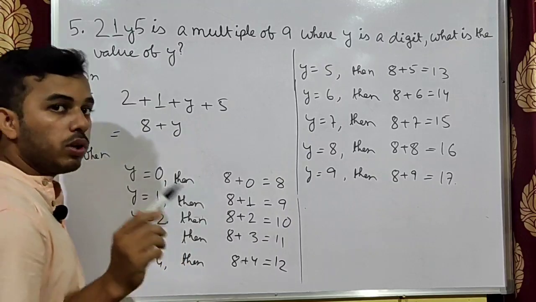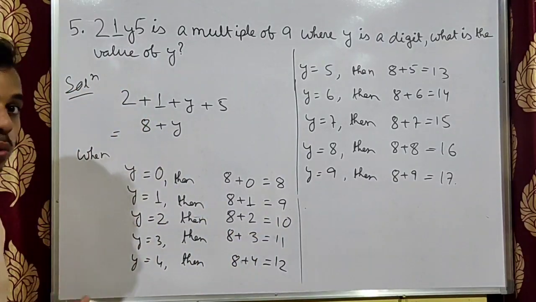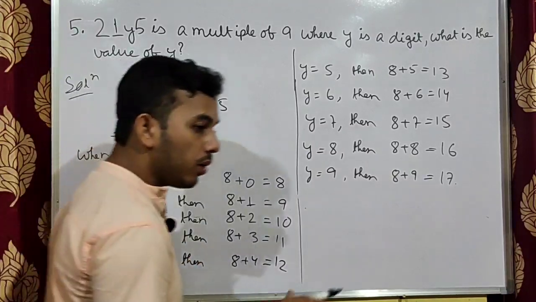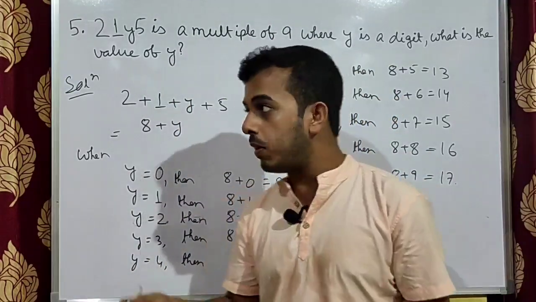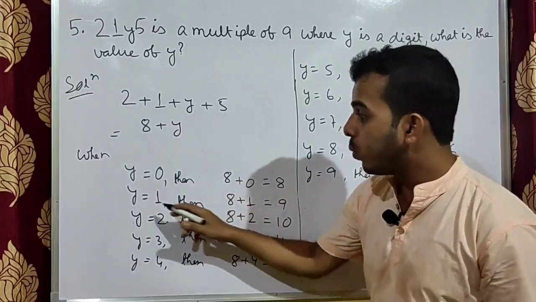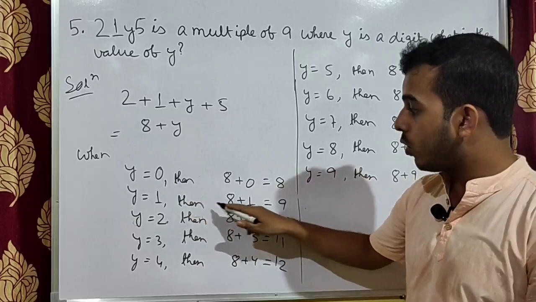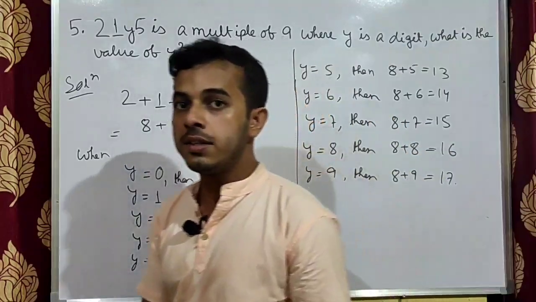Now we have the result 9, which means what? By putting which number in place of y do we get the sum 9? When we put y equals 1, we got 8 plus 1 equals 9. That means the value of y is 1.